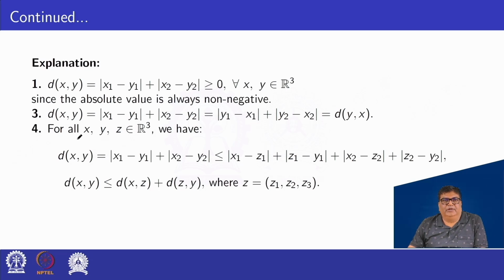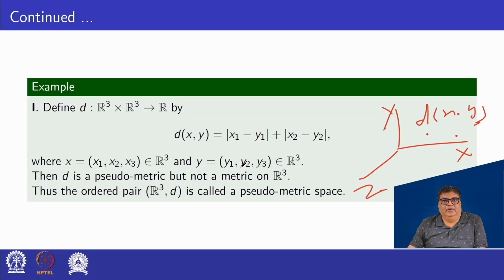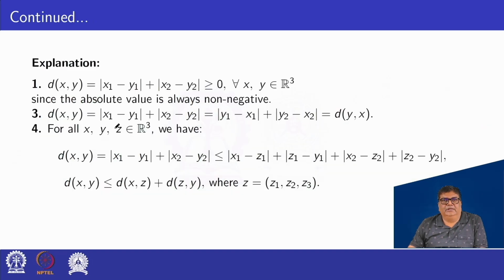Fourth condition, for all x, y, z belonging to R cube, where x is (x1, x2, x3), y is (y1, y2, y3), and similarly z is (z1, z2, z3) belonging to R cube.